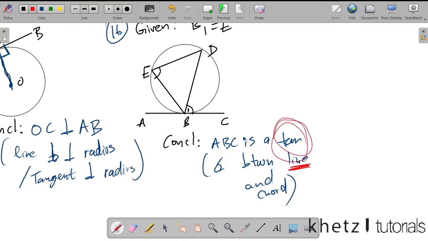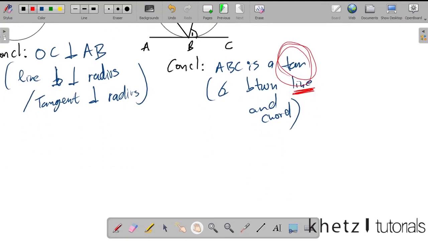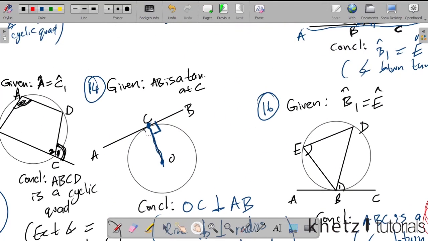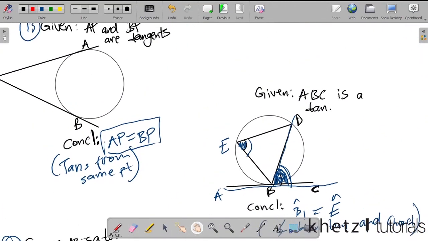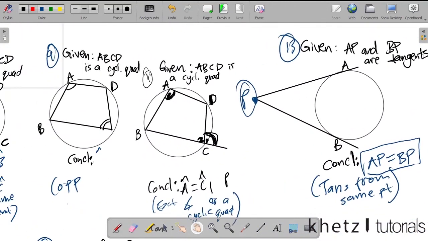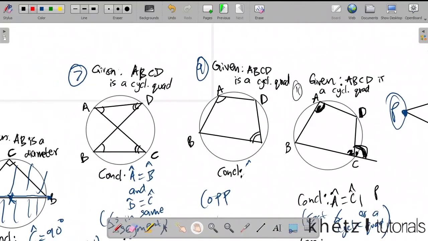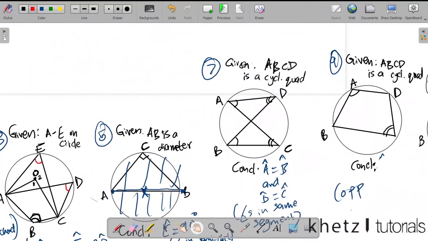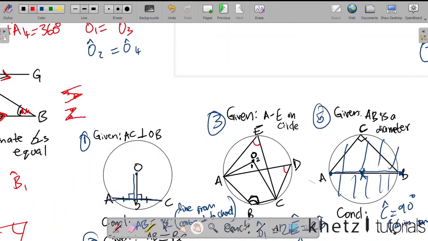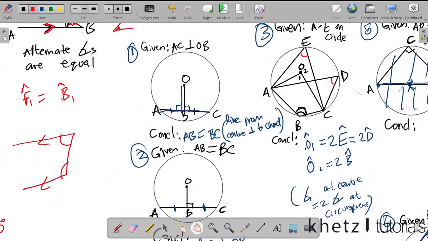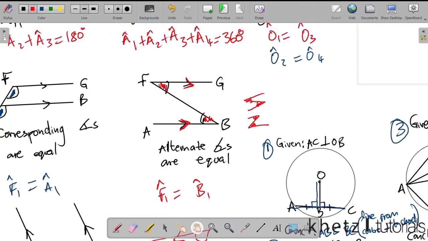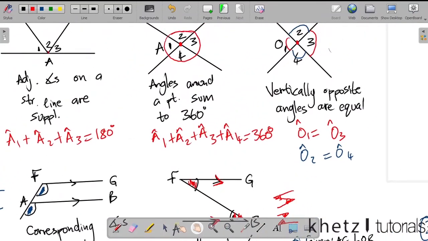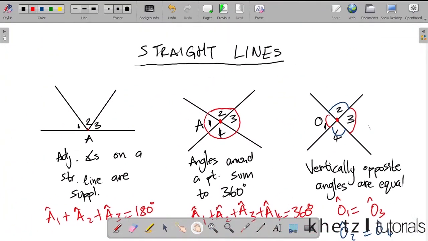So that was all that I wanted to talk about. I just wanted to talk about the theorems or the laws which govern circle geometry. These are the base ones, and there are quite a few more. But if you know these, you can apply them to solve the problems in your syllabus.